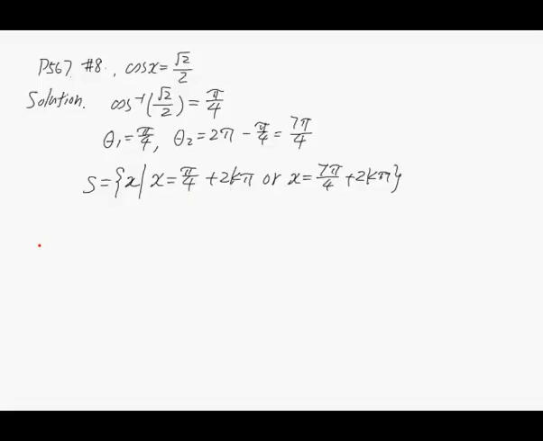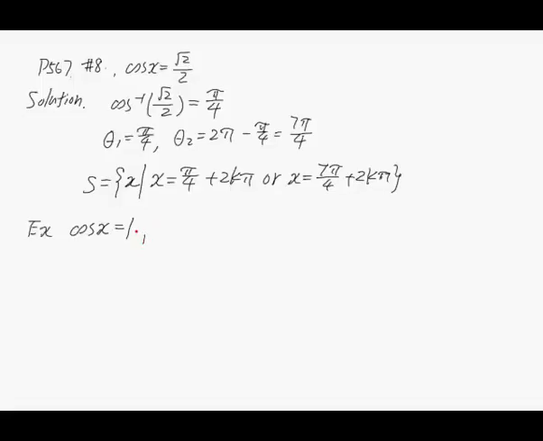Now let's look at one more example. This is a special case. And we try to solve this equation cosine x equal to 1. Now, between 0 and 2 pi, so greater than or equal to 0, less than 2 pi, which angle has cosine equal to 1? 0, right?